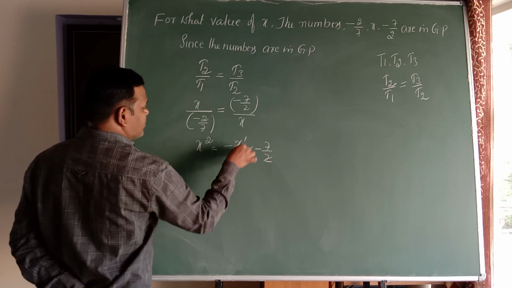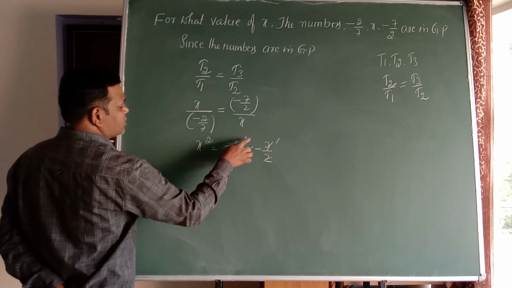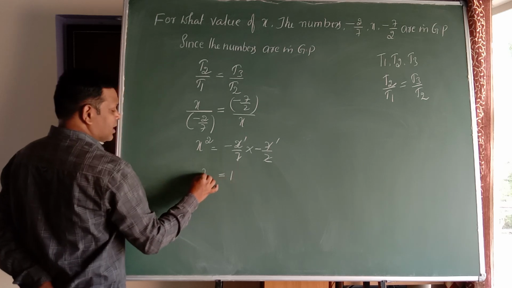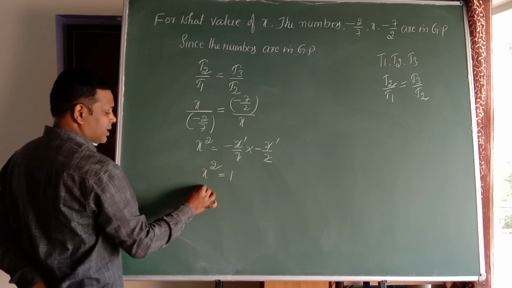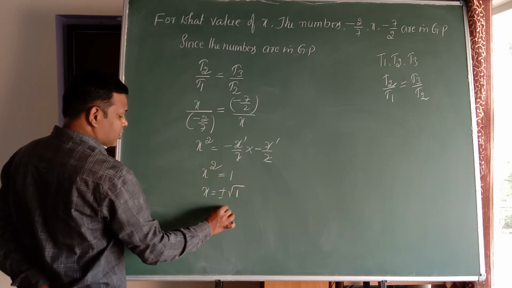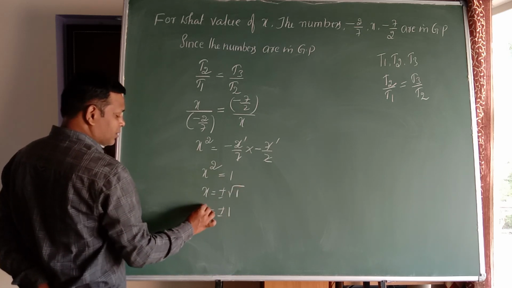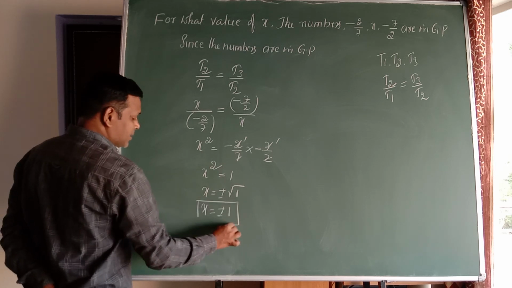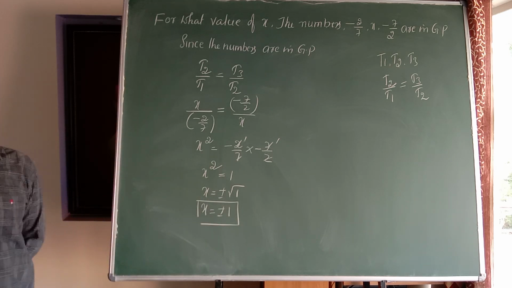Here the 2s and 7s cancel. So minus 1 into minus 1 becomes plus 1. x square is equal to 1. x is equal to plus or minus root 1, that is plus or minus 1. This is the value of x. Understand? Look at the solution once again.